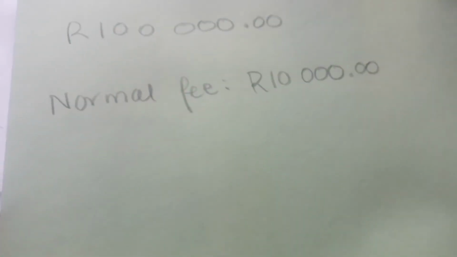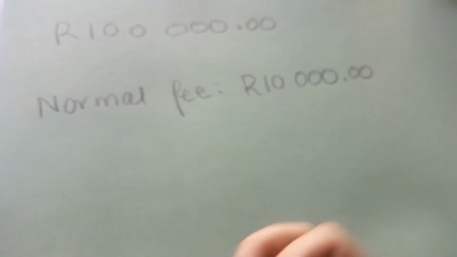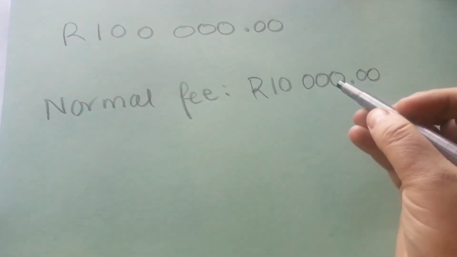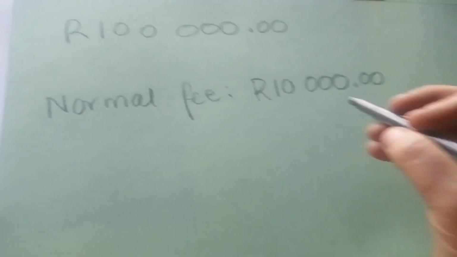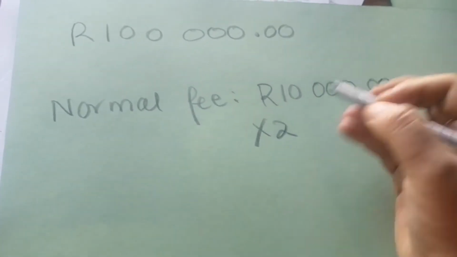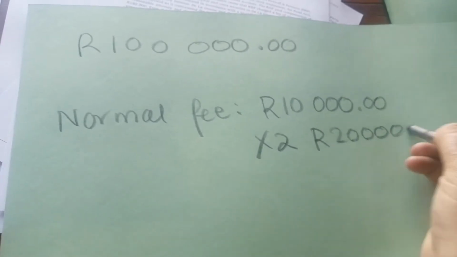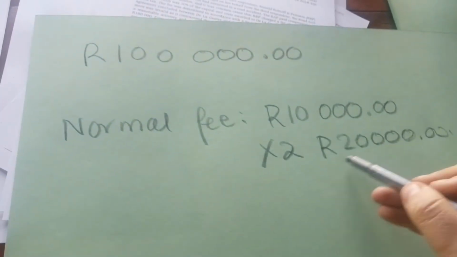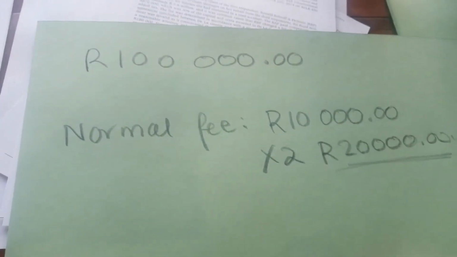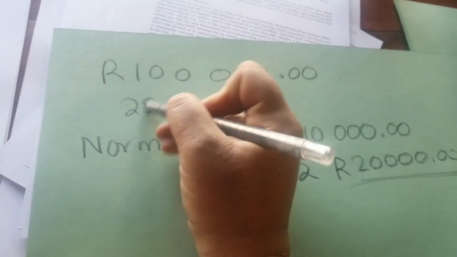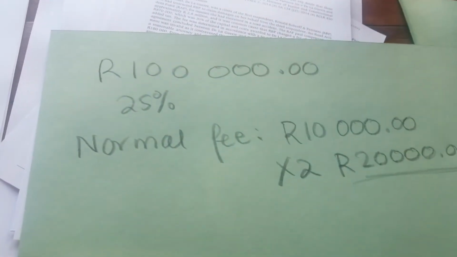What do you get from your client? Well, the Contingency Fees Act says you take your normal fee plus 100%, which times by 2 gives me 20,000 Rand, as long as that amount is not more than 25% of 100,000.